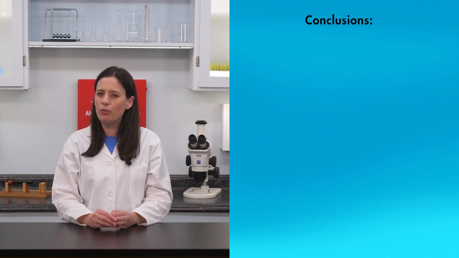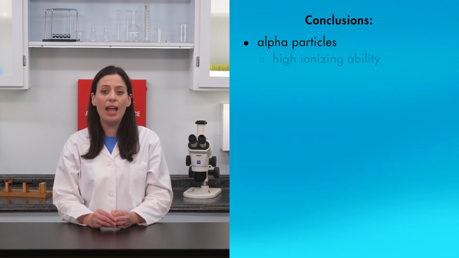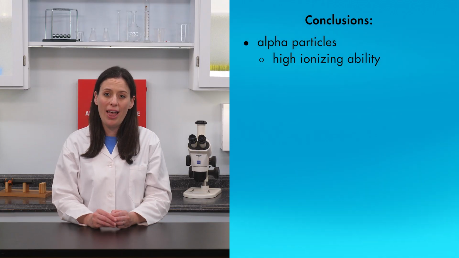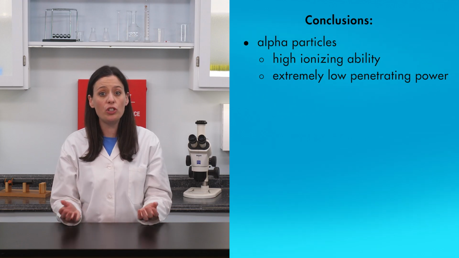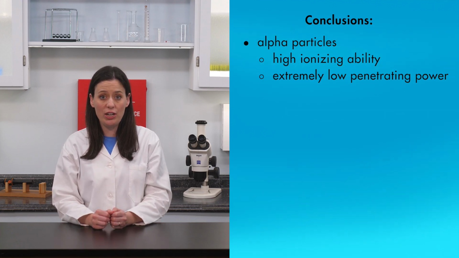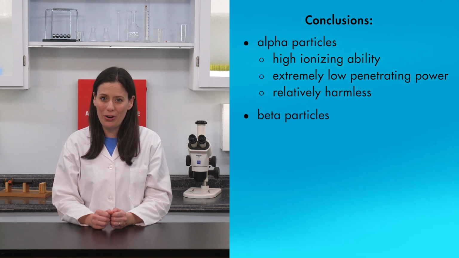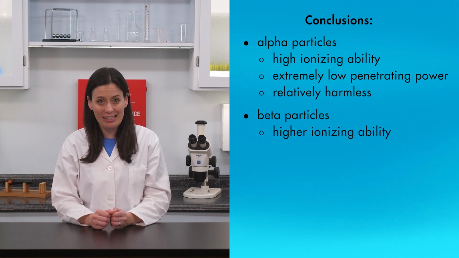What can we conclude from the data we have collected? We see that alpha particles have high ionizing ability and are stopped by a mere sheet of paper, so they have very low penetrating power. External exposure to alpha radiation is relatively harmless to humans. Beta particles have a higher radiation count per minute, so they have a higher ionizing ability.